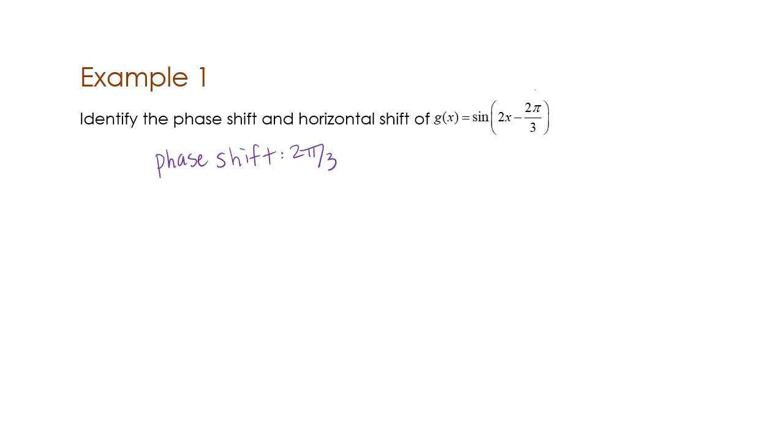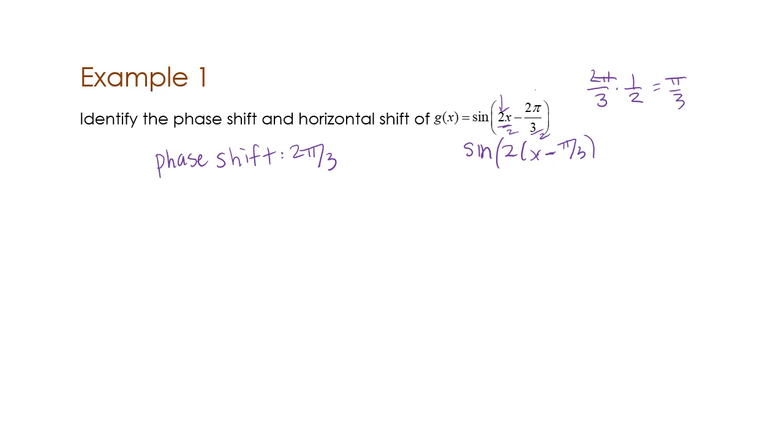And then if we have to talk about the horizontal shift, now what we have to do is factor this. I'm going to factor that 2 out. When I do that again, you divide everything by 2. So 2 divided by 2 is just that 1. And then 2 pi over 3 divided by 2 is the same thing as multiplying by 1/2, which gives me pi over 3.